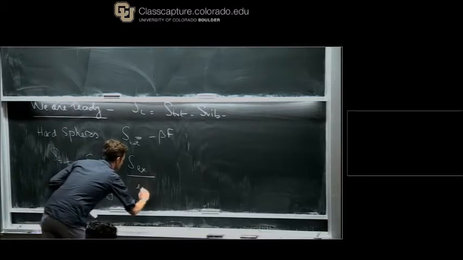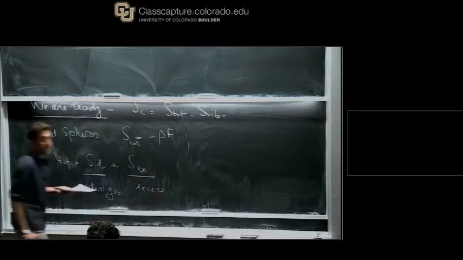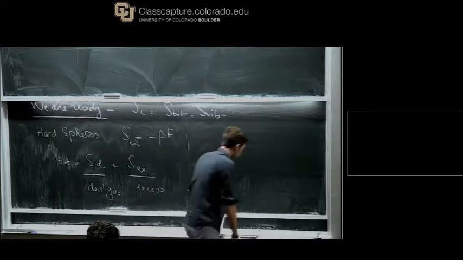And that's the excess part that comes from interactions between the particles at finite density. So the entropy of the ideal gas, I think you know it from the textbook. So I just take this formula from textbooks.